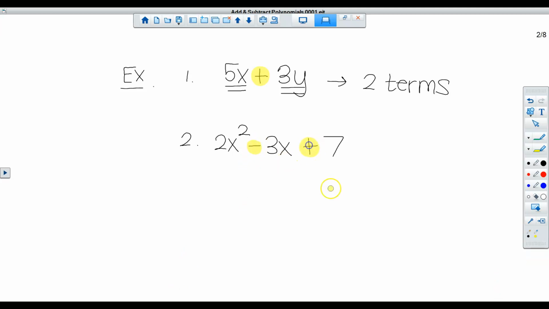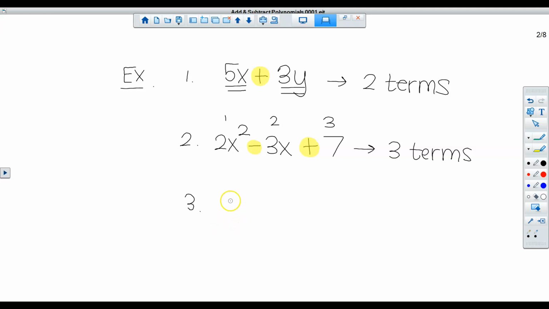Right here is an addition sign, and they connect 1, 2, 3 parts: 2x squared, negative 3x, and positive 7. So this would be a polynomial that has 3 terms. So basically what I'm saying to you here is that if you want to know how many terms one of these has, you look for the plus and minus signs and just count the things that they connect.